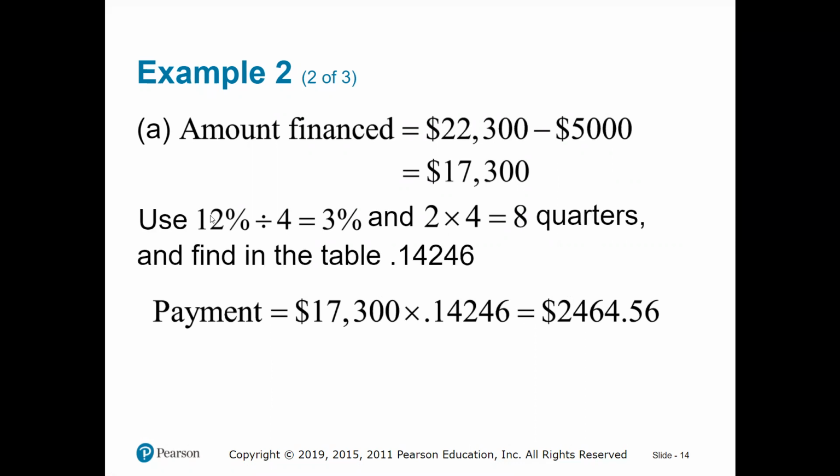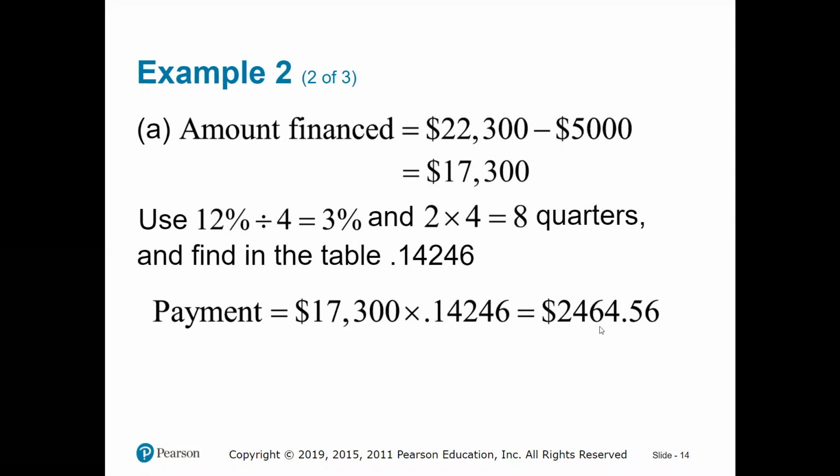But you will have to realize that she's doing it every quarter and that it's compounded quarterly. So you're going to take the $17,300 and multiply it by the table amount. They took the 12%, divided it by 4, so that gives them 3%, and the 2 times the 4 to be 8 quarters. Okay?